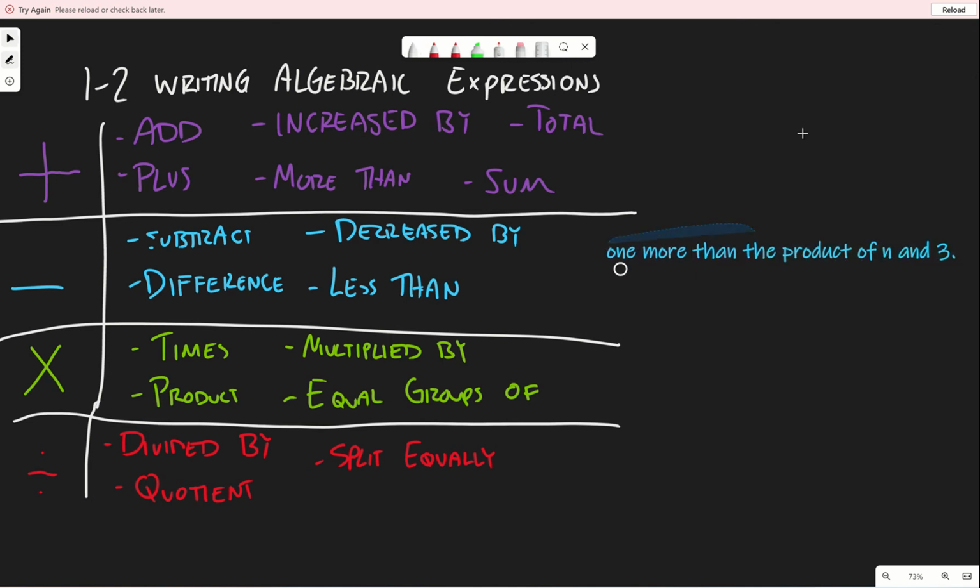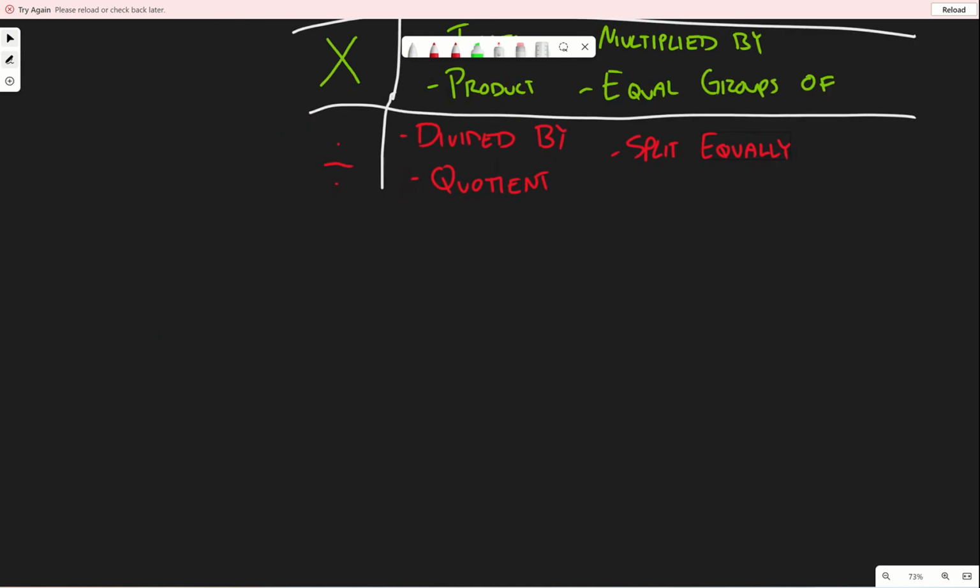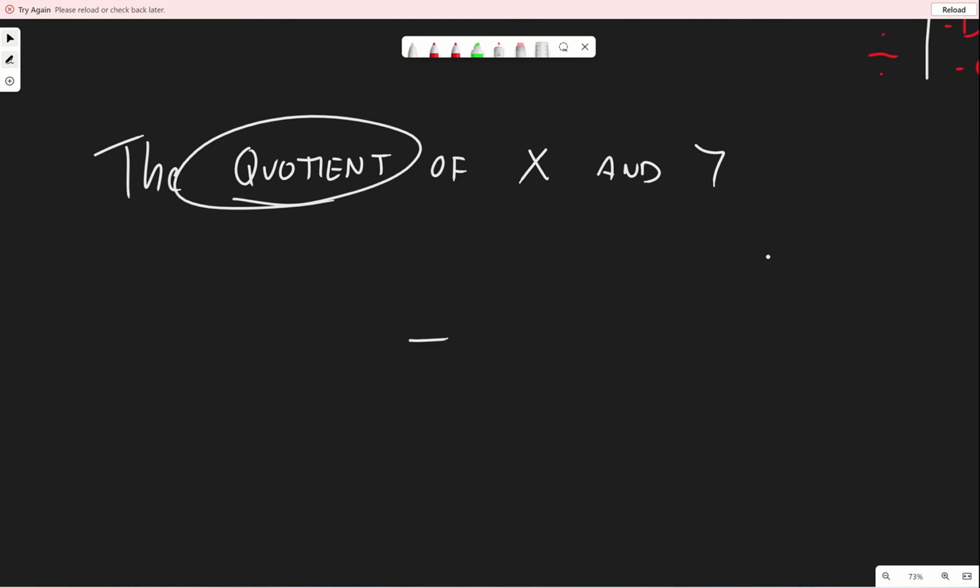Let's say I wanted the quotient of x and 7. Well, quotient is a math word that means division. So I know I'm going to be dividing, and I'm dividing x divided by 7.